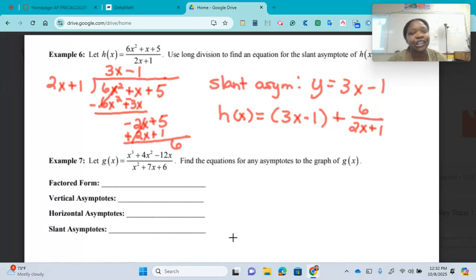What do we need to do for example 7 first? That's right. Now, for the numerator, what can we pull out of the numerator? An x, excellent.